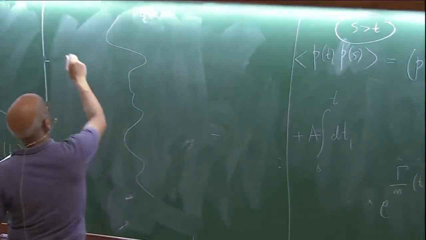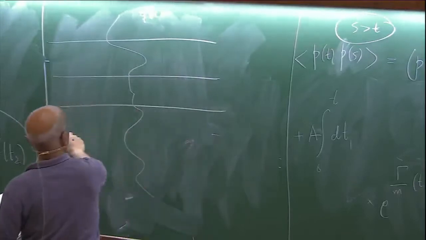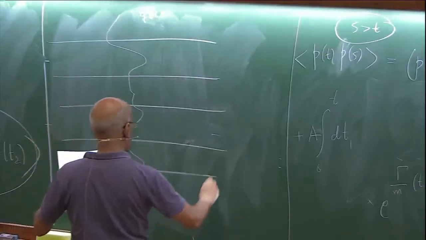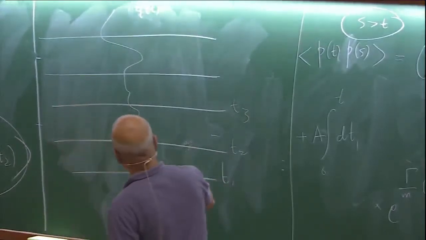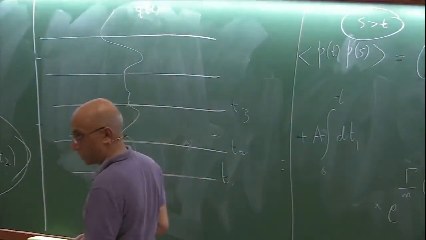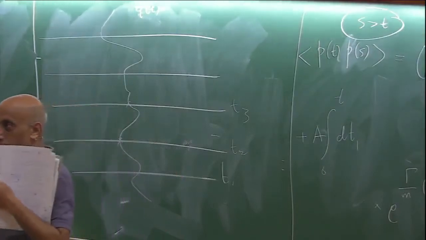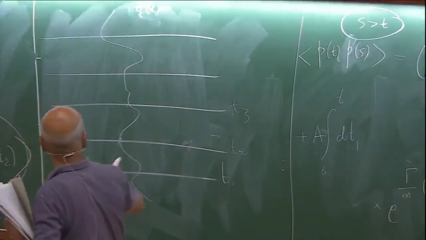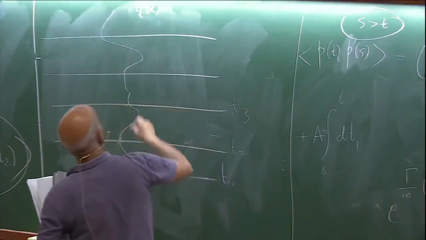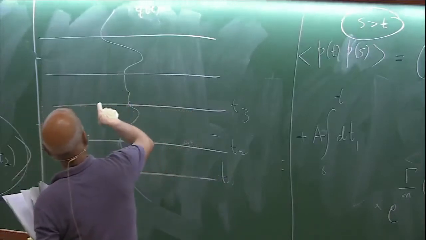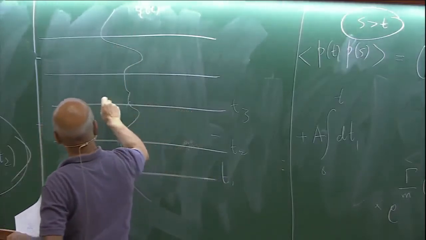At a given time, here are some times, t1, t2, t3, and so on. In a given history, it intersects this once. There are no antiparticles in first order stochastic calculus, so you don't have to worry about it intersecting many times.